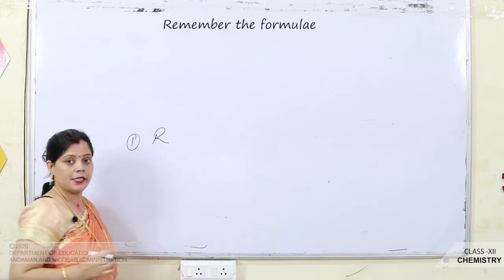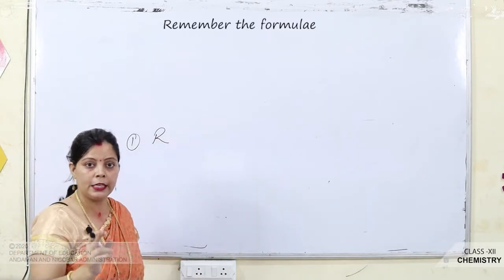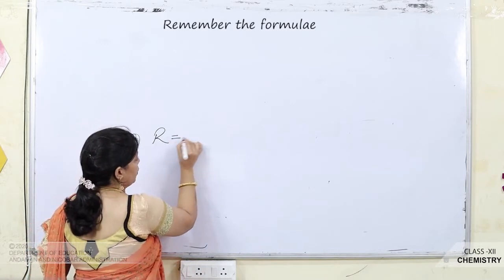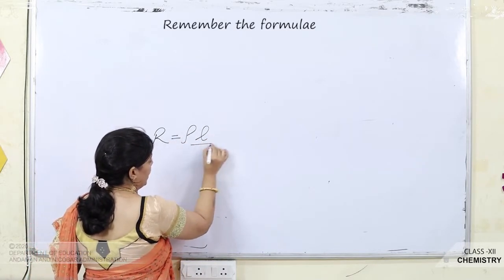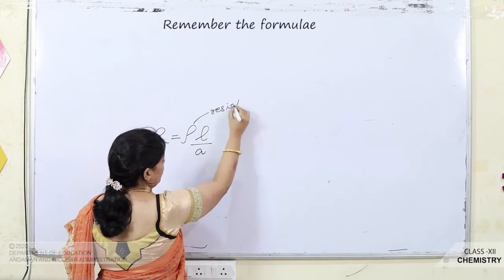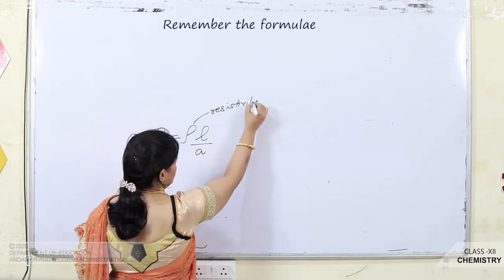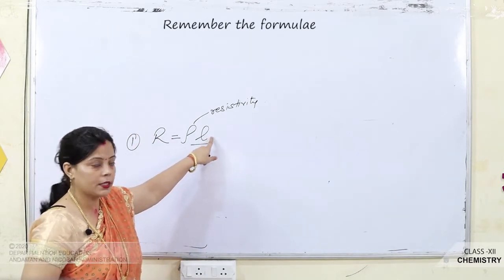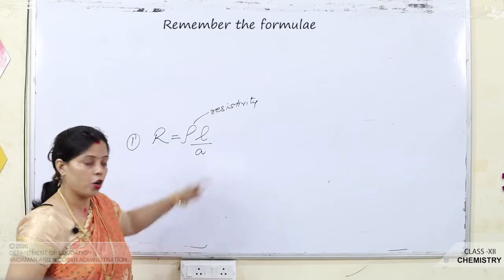Resistance is related to the length of the conductor as well as the area of the conductor. That is R is equal to rho L by A. This rho is the resistivity, or we can also name it the specific resistance. This L is the length of conductor, A is the area of cross section.